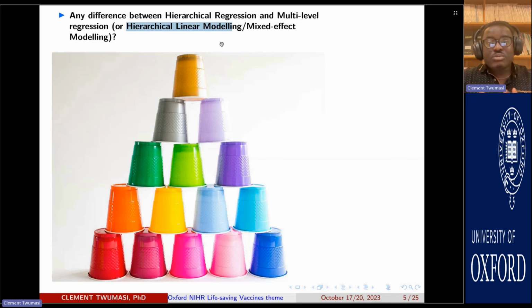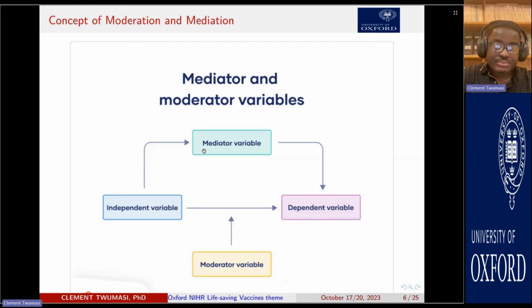So the take-home message, the clear distinction, is that hierarchical regression focuses on nesting regression models to look at the individual contribution of predictors, whereas a hierarchical linear model, mixed effect model or multi-level model tries to model data that has a hierarchical structure. And the hierarchical structure has to do with how the data is nested. Basically, that is the clear distinction.